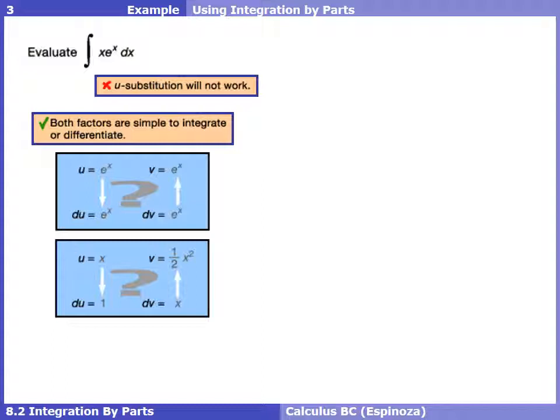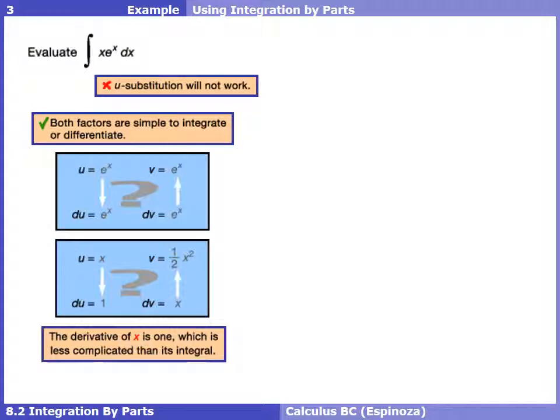So when I said back a couple slides ago, and in the last slide, we're trying to pick u and dv to be easy in one regard, there's one extra thing you're going to have to consider, especially with problems like this, that are going to help you decide which one should be the u and the dv, and that's this little fact right here. Since the derivative of x is 1, which is less complicated than its integral, that's how we know we're going to let u be x.